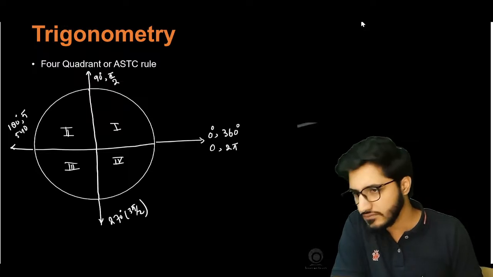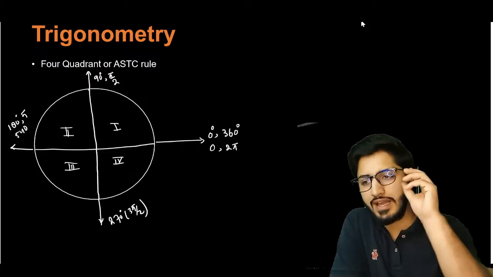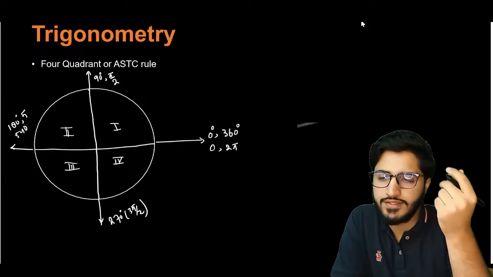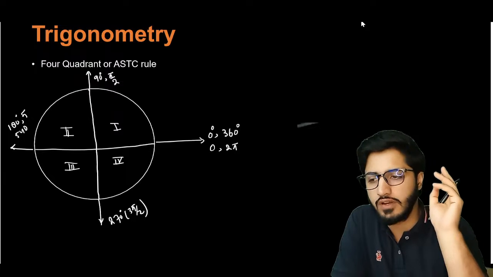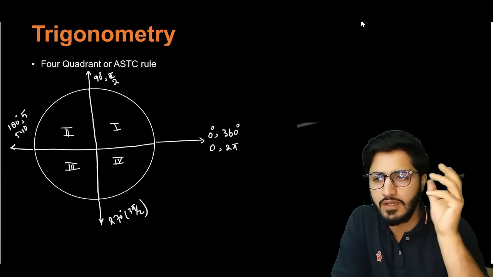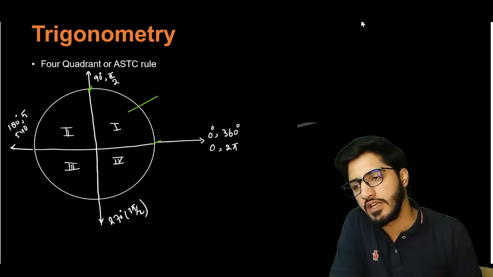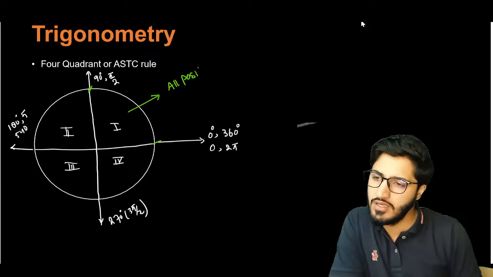Okay. Now, whether these are sine, cos, tan, cosec, whatsoever angle you are having, if your angles lie between 0 and this line, that means in the first quadrant, all are positive.